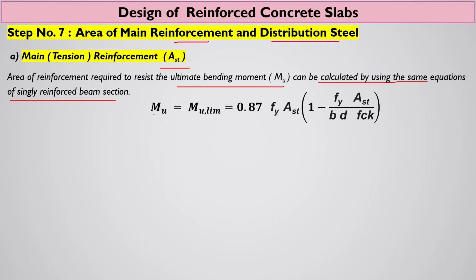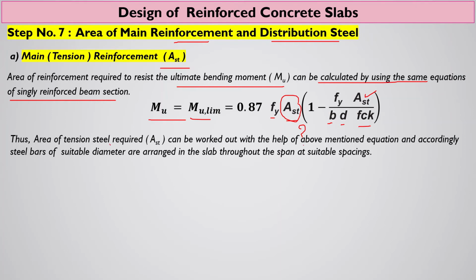Based on this formula, you have to take the limiting value of moment equal to ultimate moment, that is factored bending moment, and fy you know, because it is the yield strength of the steel which you are going to use. Ast is what you have to work out from this equation, and b is the width of the strip, that is 1 meter. Small d is the effective depth of the slab, and fck you know is the characteristic compressive strength of the concrete which you are using. So by putting the available information in this equation, we are able to get the Ast required.